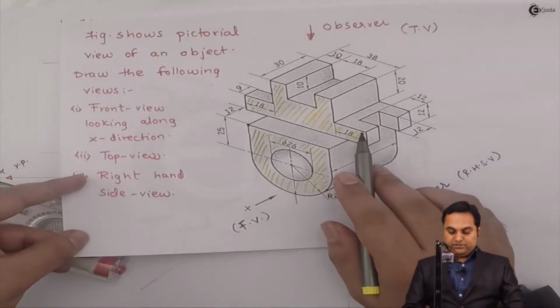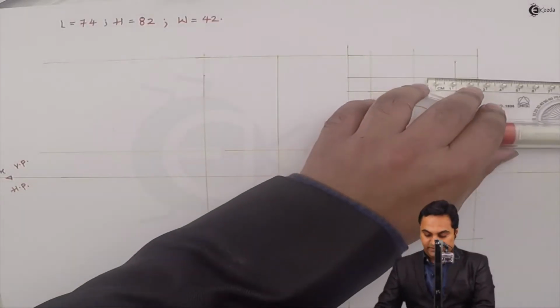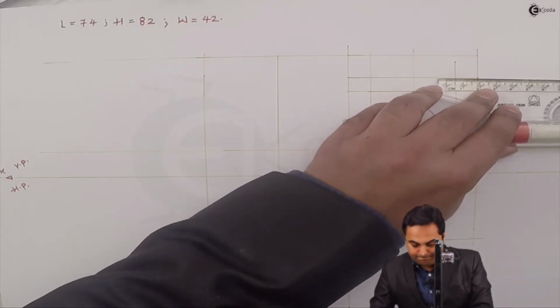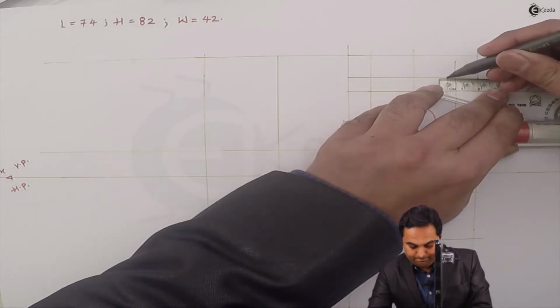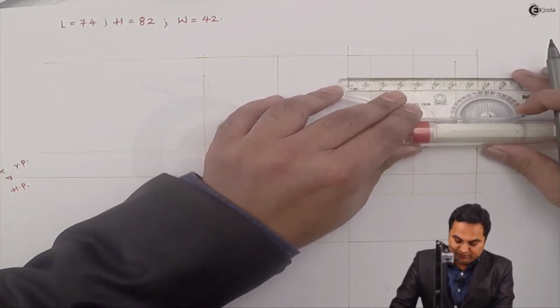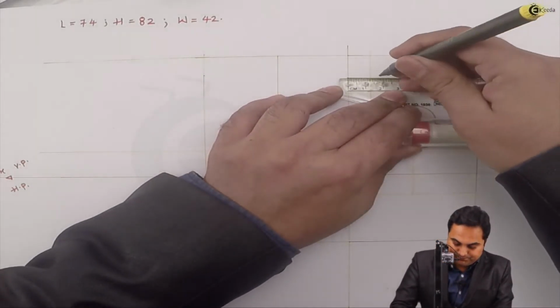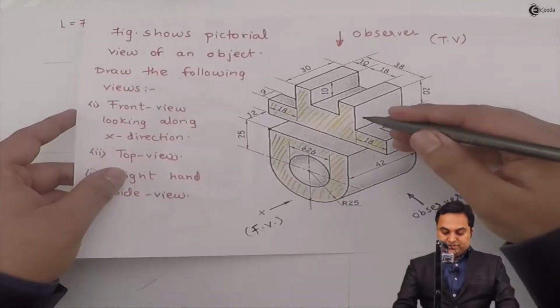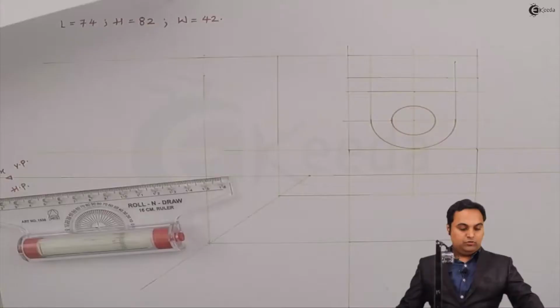Next, at the top it is having 18 mm length, so taking 18 mm from one side. Similarly, it is 18 mm from the other side as well. Then there are these vertical lines going up to the top.